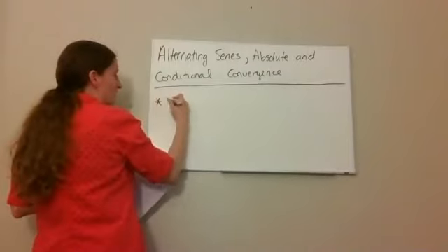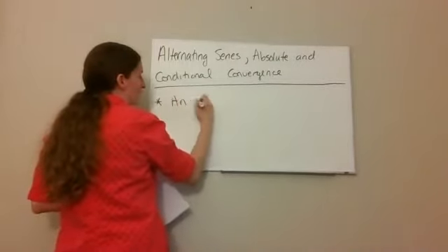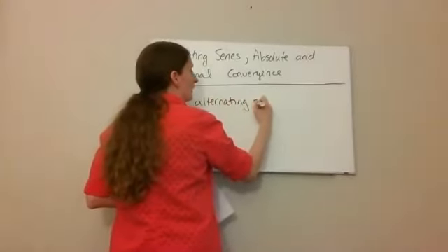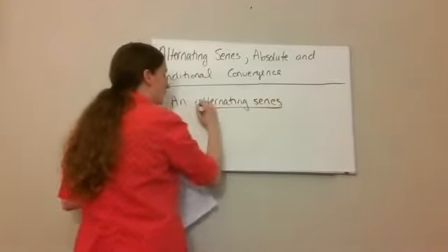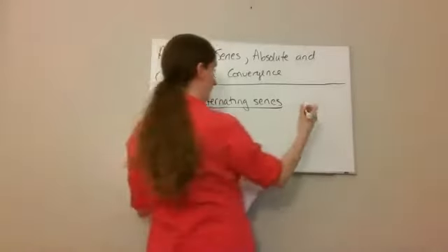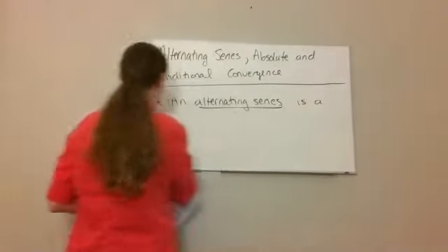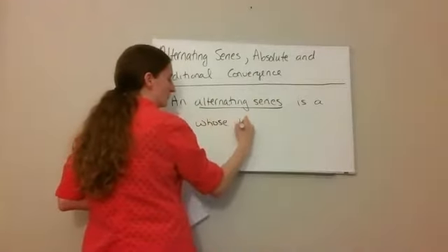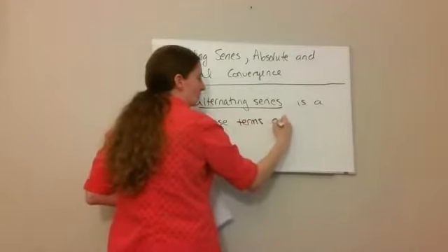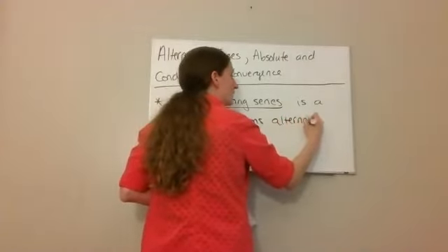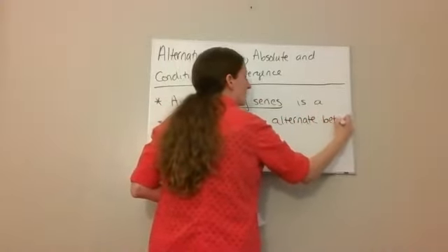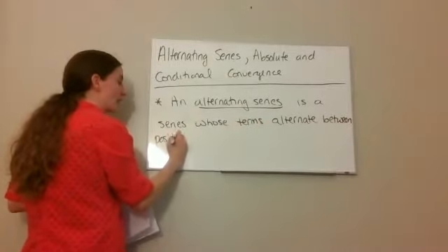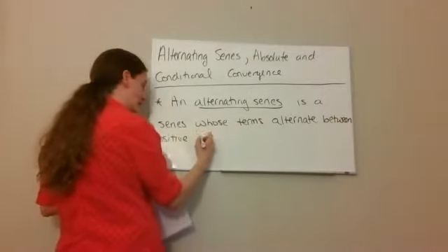And our definition is that an alternating series is a series whose terms alternate between positive and negative. So that means that if one term is positive, the next term is negative, and so on.